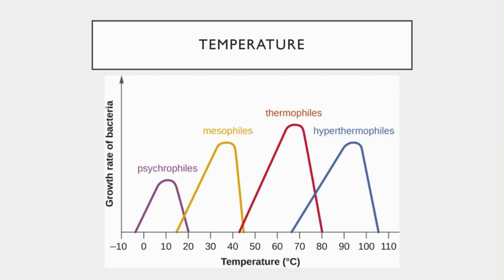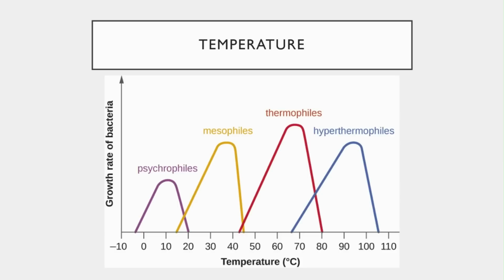Meso, middle loving. Most organisms are mesophiles, and most food spoilage microbes are mesophiles as well. And this is why refrigeration works so well. So we can see mesophiles, their optimal growth rate is somewhere around 30 to 40 degrees Celsius. And you're going to refrigerate your foods much lower in temperature than that.